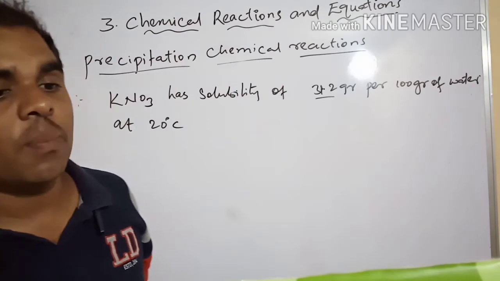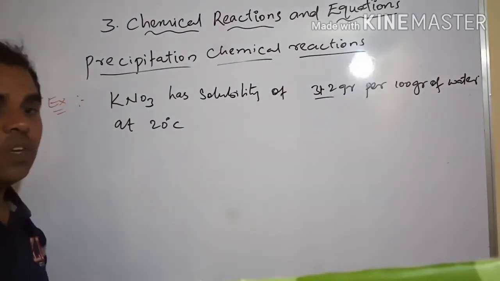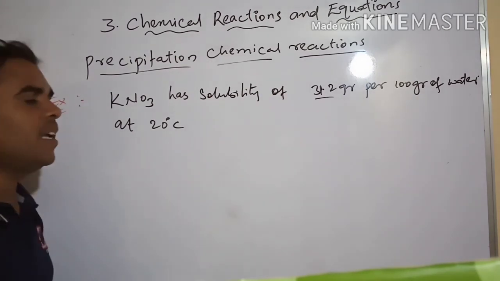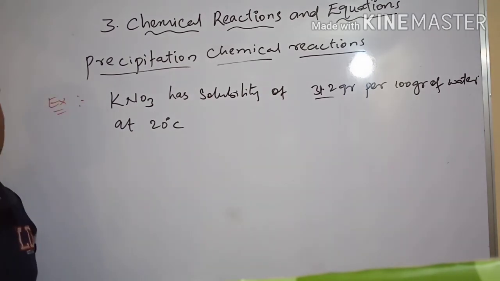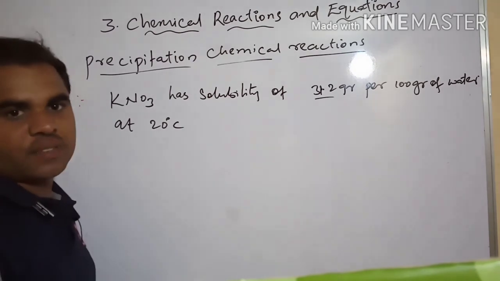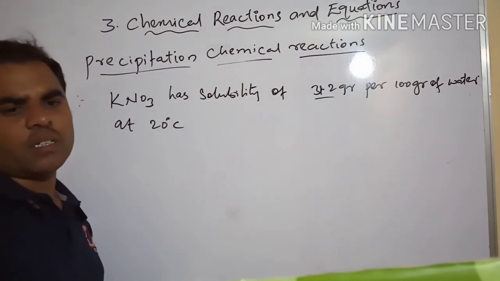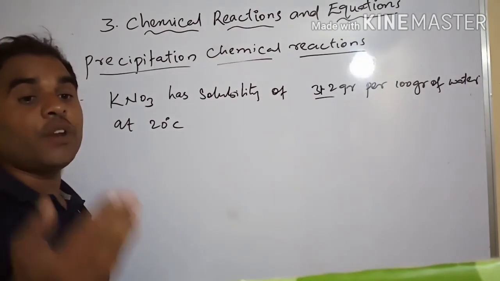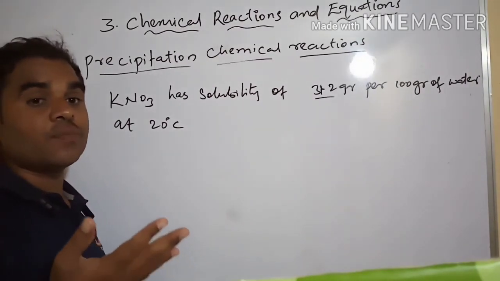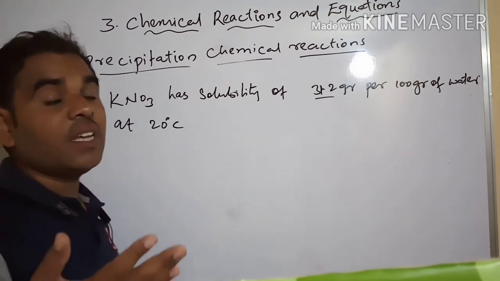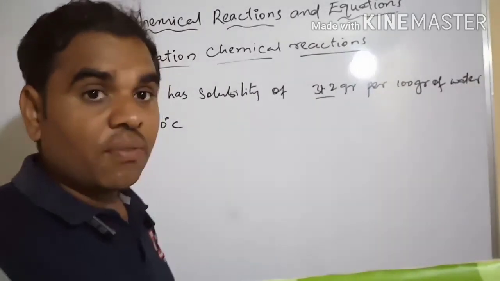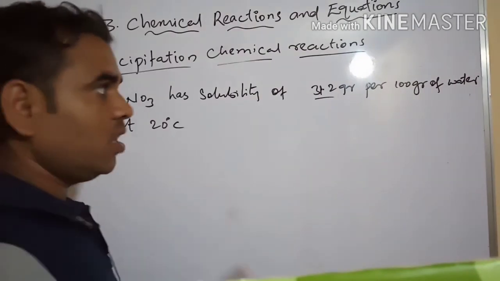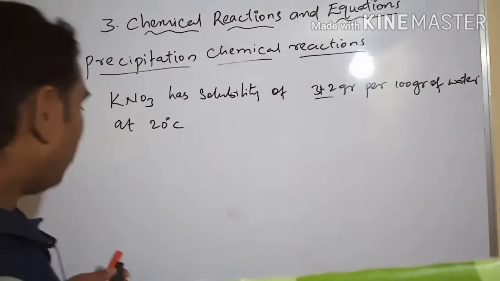The process of crystallization is used to purify substances. If we apply more heat and then cool again, excess water is removed from the solution and finally we get solid crystals.